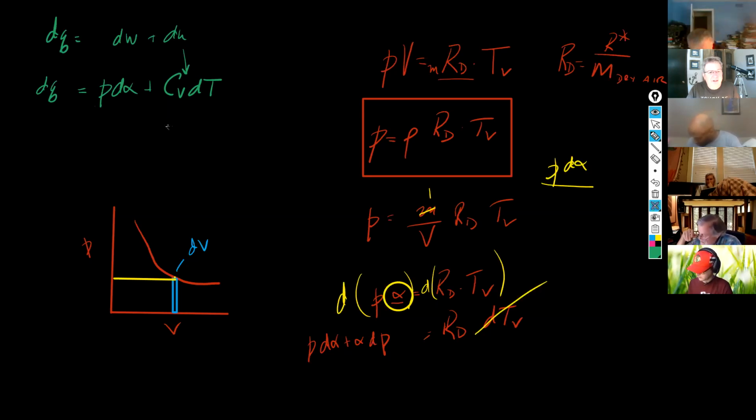Once we get here, now I've got something. So if I have an adiabatic process, the first thing is that this goes away, and then we manipulate this. This is where Poisson's equation is. But we're basically saying that P d alpha is equal to minus CV dT. So we know that.